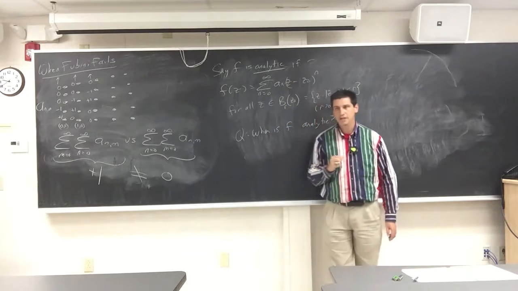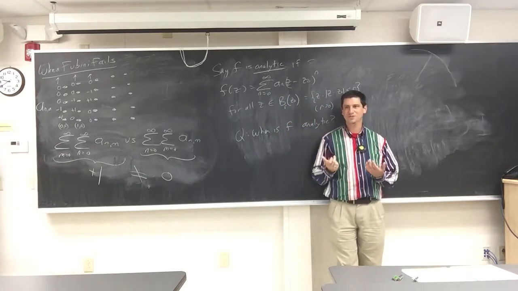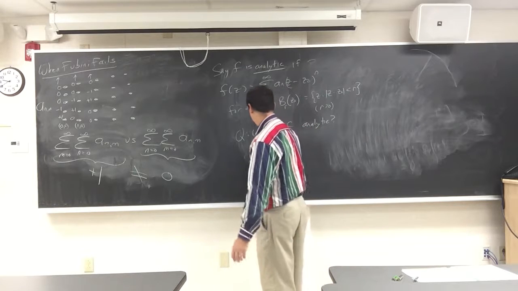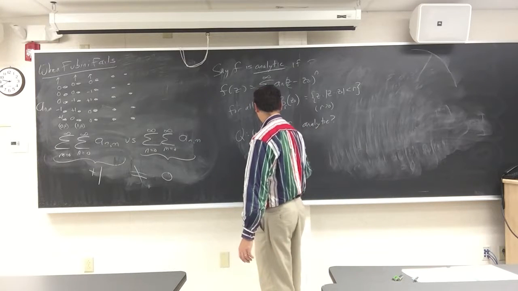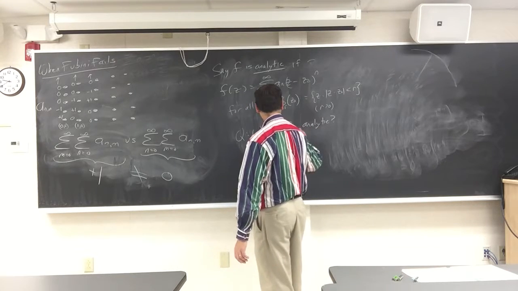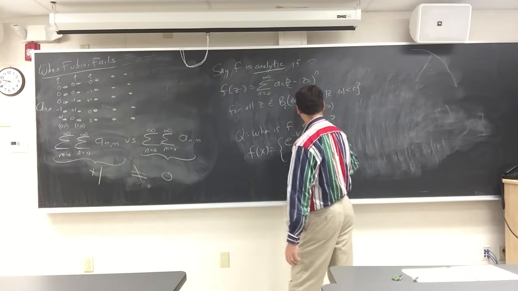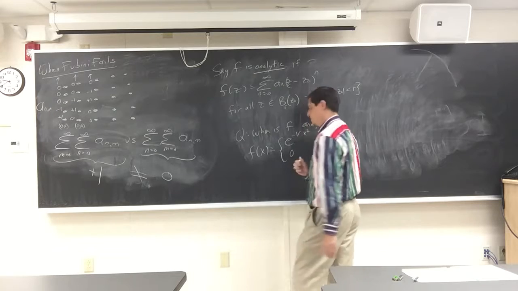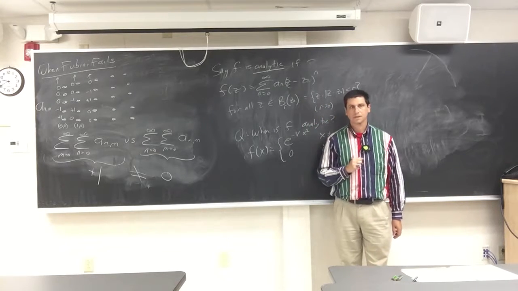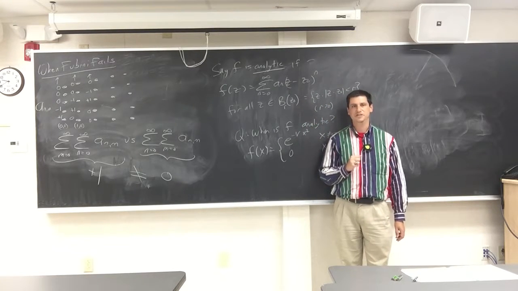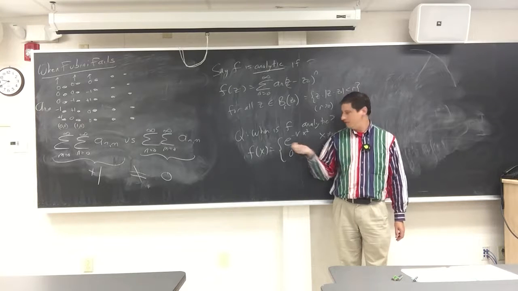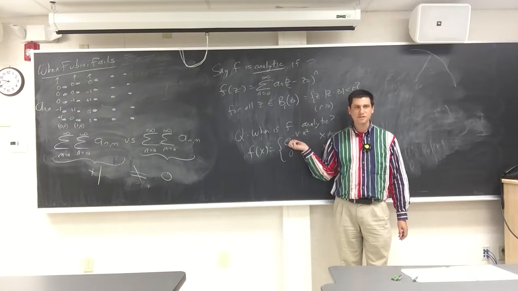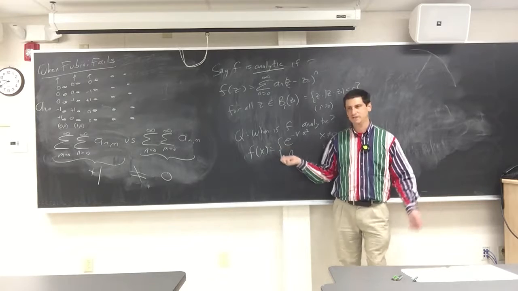So I gave you either one of the best or one of the worst functions in all of mathematics. The function f of x equals e to the negative 1 over x squared if x does not equal 0, and 0 if x equals 0. This is a nice function in some sense. If you use L'Hopital's rule, all the derivatives exist at the origin. The derivatives exist everywhere else.